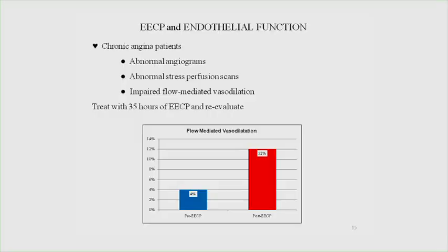Here we have a study: patients with chronic angina, abnormal angiograms, abnormal stress nuclear studies, poor endothelial function. You're going to treat them with ECP. Flow-mediated vasodilatation should be about 10 to 12%. It was 4% pre-treatment, as you would expect. Post-ECP, it normalizes. So we're having a fairly powerful biochemical effect.